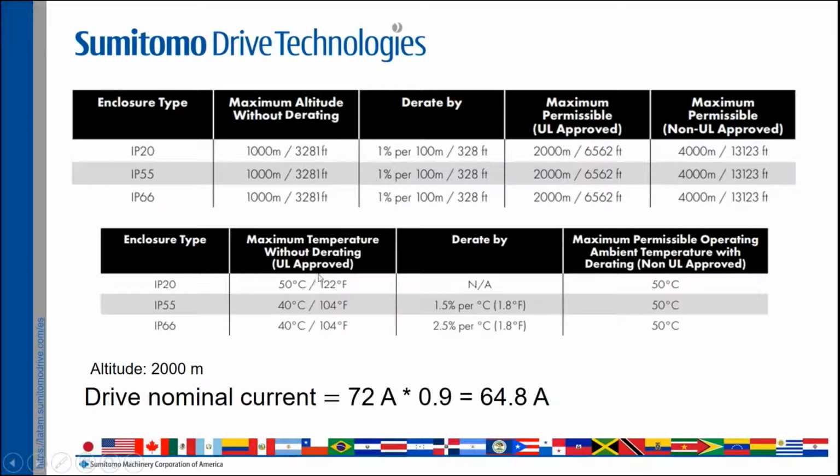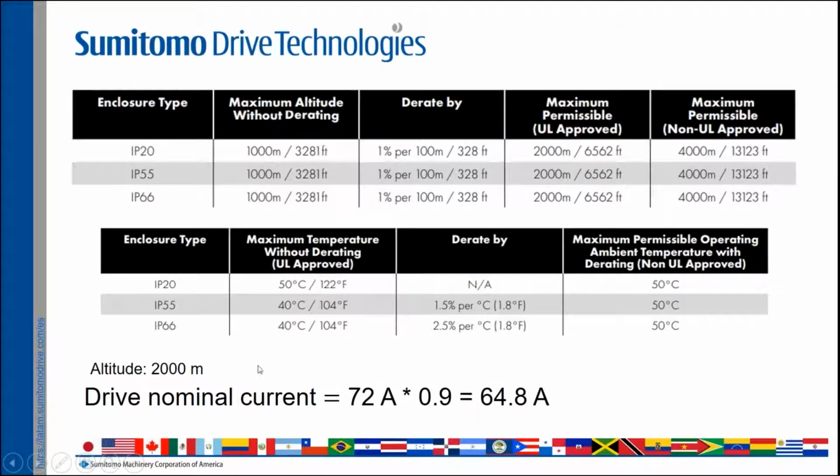For example, here Invertek tells you that over 1,000 meters above sea level, for every 100 meters after this 1,000 meters, you will need to derate 1% of the current that will be provided by your drive.